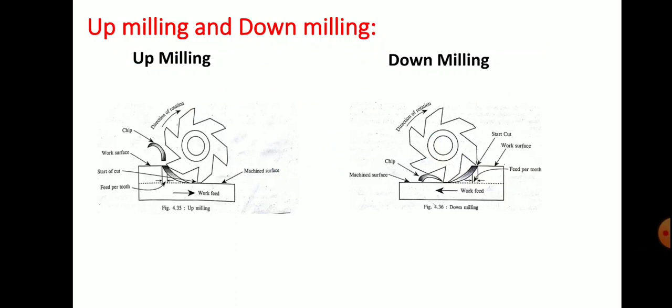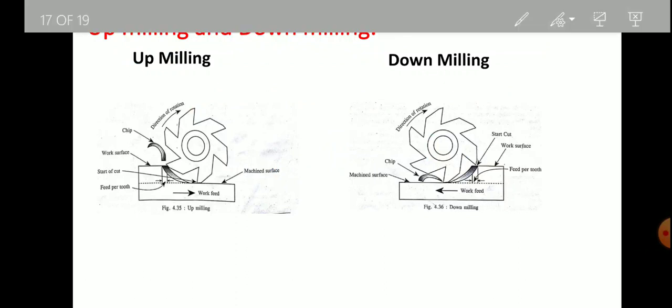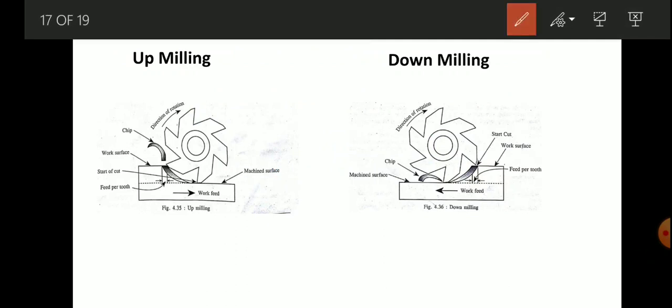Coming to up milling and down milling, let us start with up milling. It consists of a workpiece, a cutter, and a chip which has already been cut after the tool has rotated. This is also called a conventional milling machine.